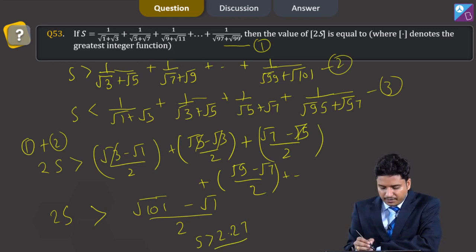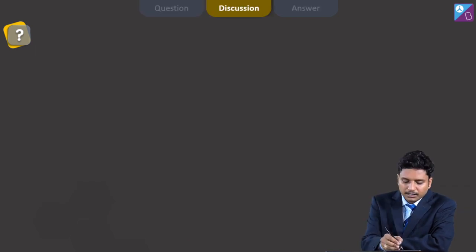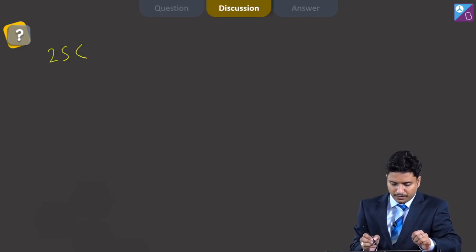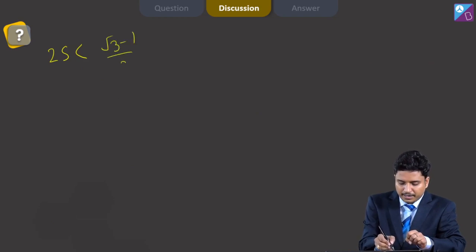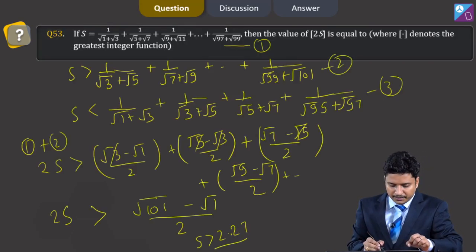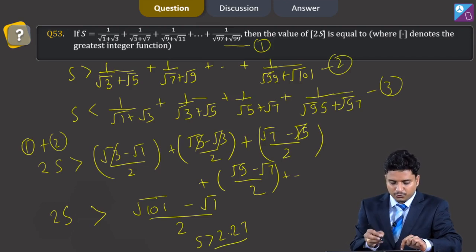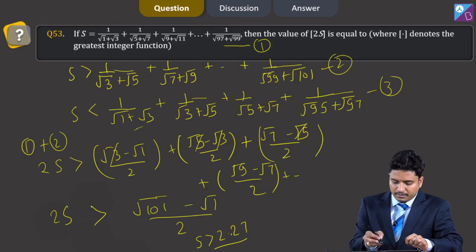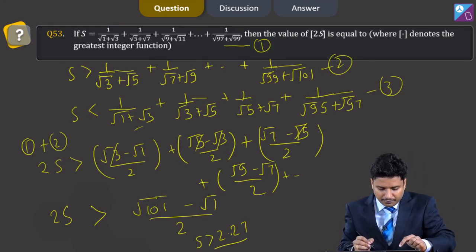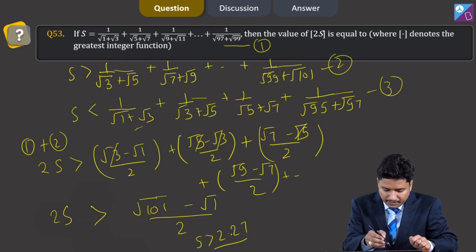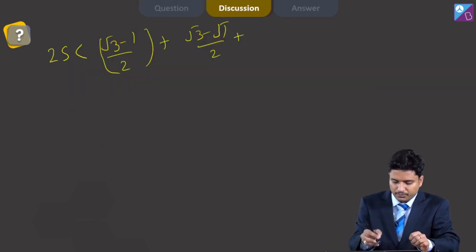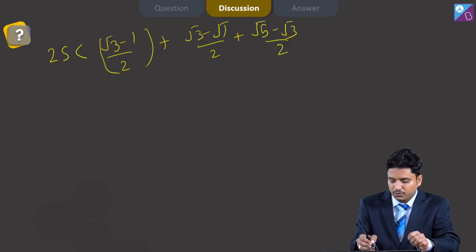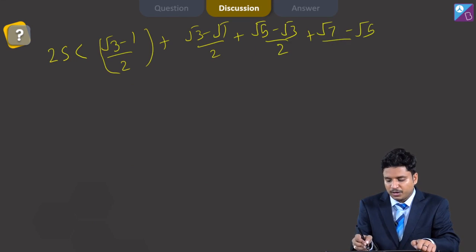Now if we try to add the first and third one, what will we get? Now 2s will be less than root 3 minus root 1 by 2, root 3 minus root 1 by 2, this was there, and other terms if we add, from here we will get again root 3 minus root 1 by 2, so root 3 minus root 1 by 2, and from here root 7 minus root 5 by 2, here it is root 5 minus root 3 by 2, root 7 minus root 5 by 2, and so on.